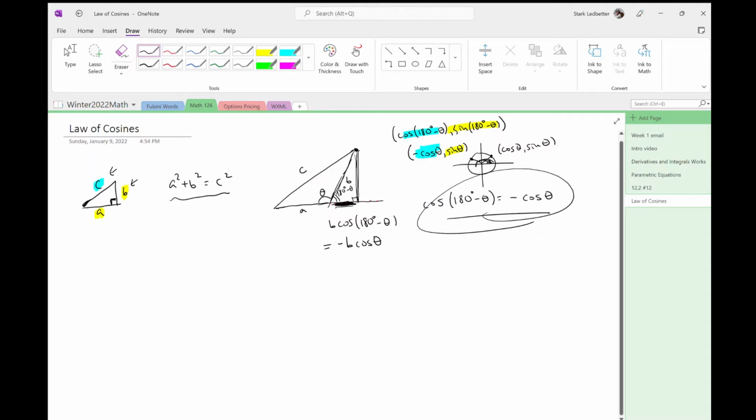How can that length be negative? Well, it's not. Cosine theta, because theta is obtuse here, is a negative number. So negative b cosine theta is actually a positive number.